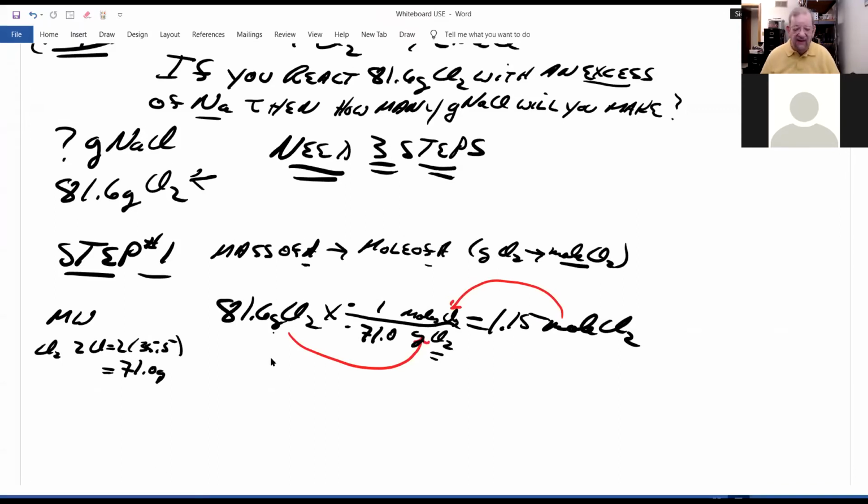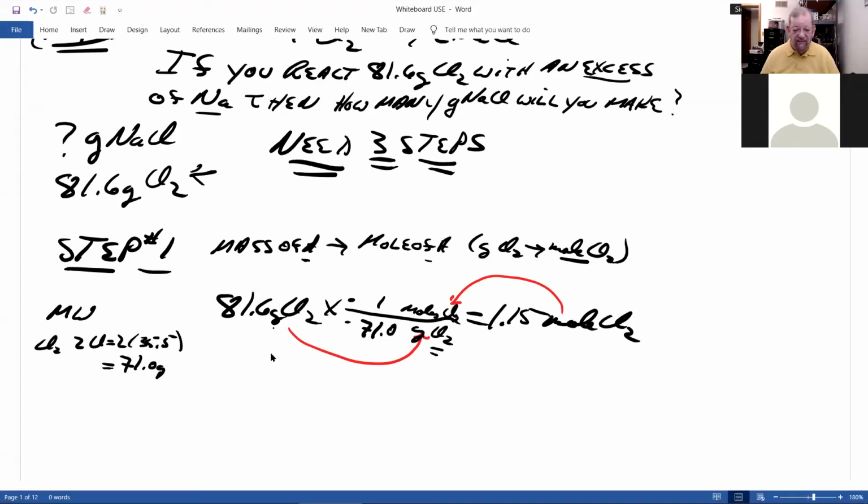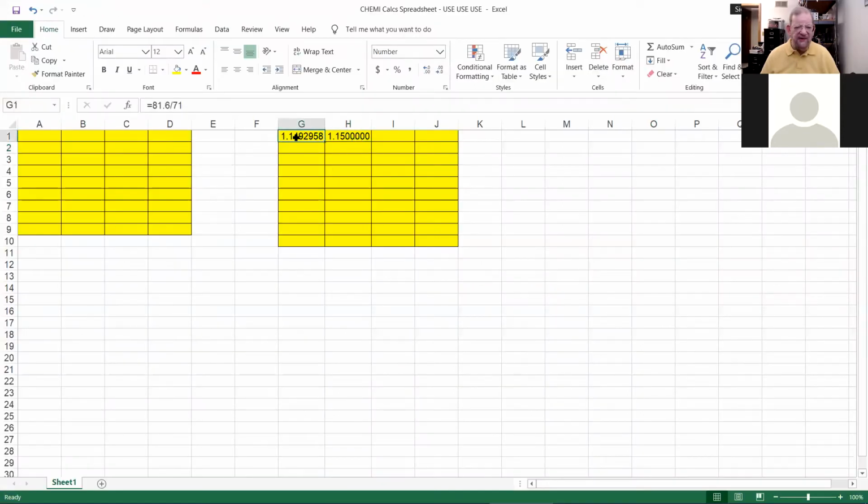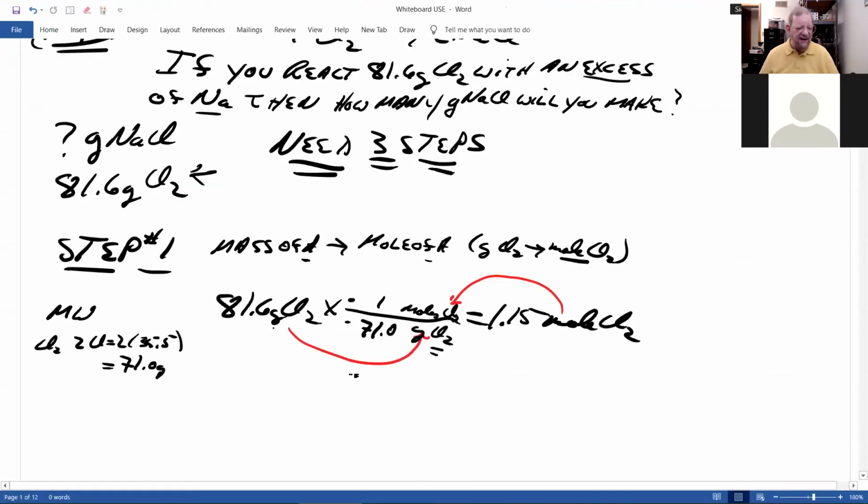Did you multiply 81.6 by 71.0? Yeah, but the spreadsheet throws in extra. When I do the 0.0 in a spreadsheet, it removes it. Okay, this is the right number. That's a good question, but use your calculator. It'll be safer for you. For some reason, I'm not getting that.